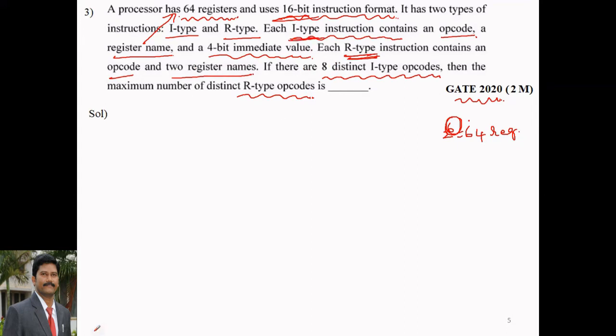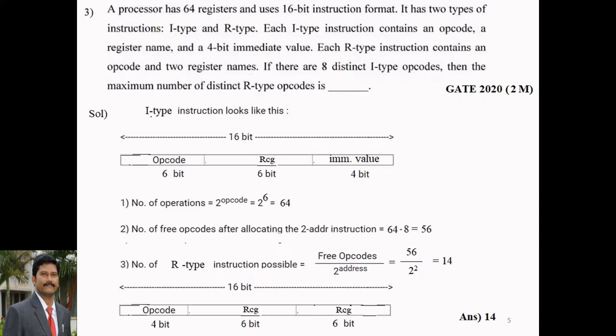Now let us solve the problem. He has given 8 distinct I type opcodes. So first you need to write the I type instruction. It looks like this. Total 16 bit, because it is a 16 bit instruction format. I type consists of opcode, register name, and 4-bit value.